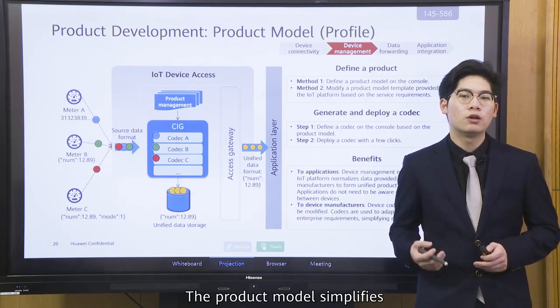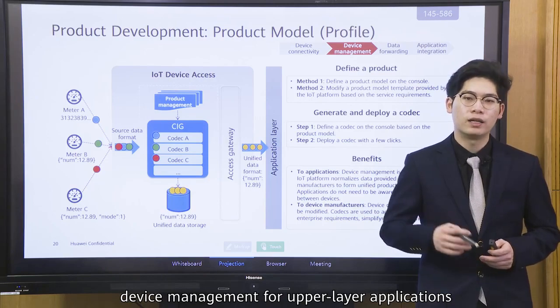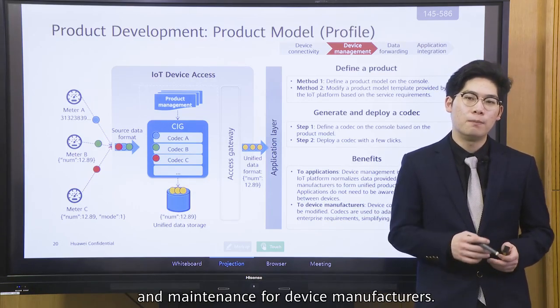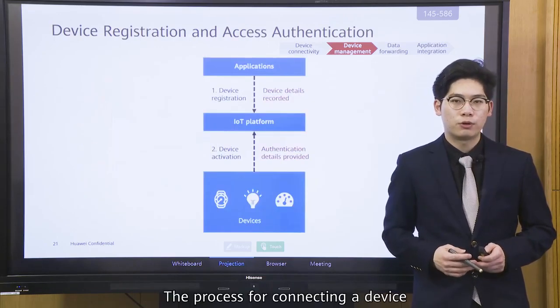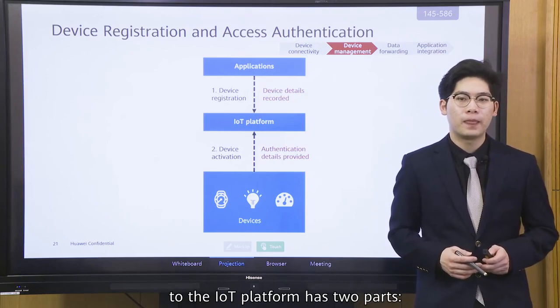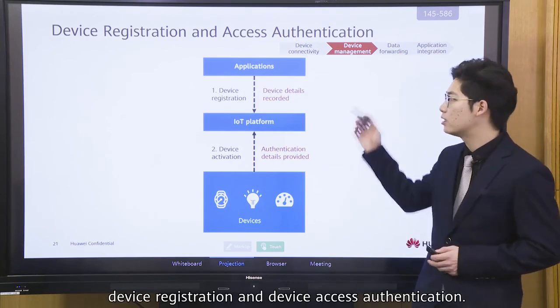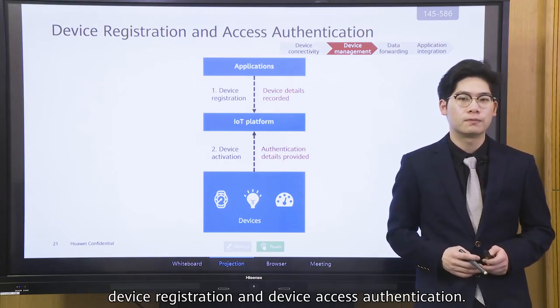The product model simplifies device management for upper-layer applications and maintenance for device manufacturers. The process for connecting a device to the IoT platform has two parts: device registration and device access authentication.